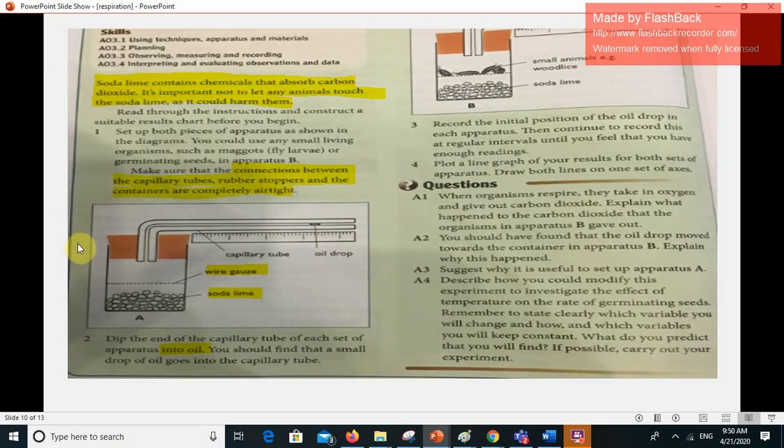Carbon dioxide should be absorbed down by soda lime, so it cannot push the oil drop back again. So here we provide a pressure in the capillary tube, and this capillary pressure actually makes the oil drop move towards the germinating peas or towards wood lice, anything that is respiring.